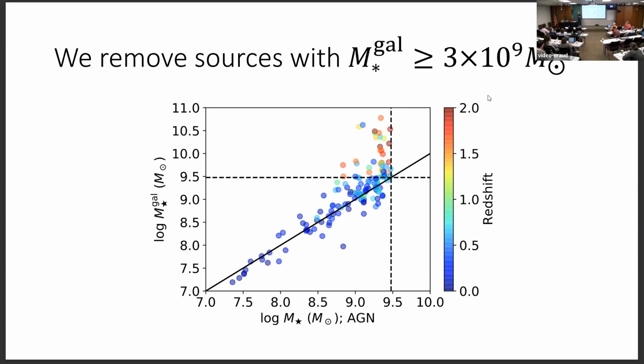So you can think that this galaxy-based stellar mass will be roughly a soft upper limit for its actual stellar mass. And we plot the galaxy-based stellar mass versus AGN template-based stellar mass in this figure. Also, I color-coded them with the redshifts, and you can see for high redshifts, we have lots of sources with galaxy template-based stellar mass much larger than the AGN template-based stellar mass.